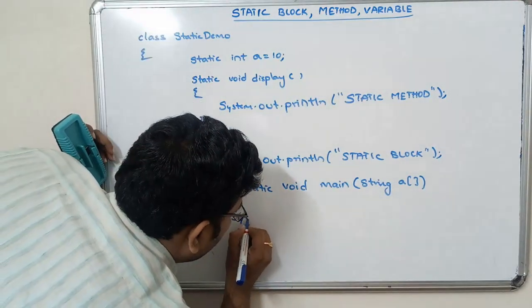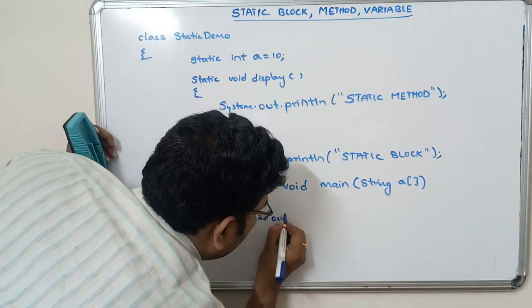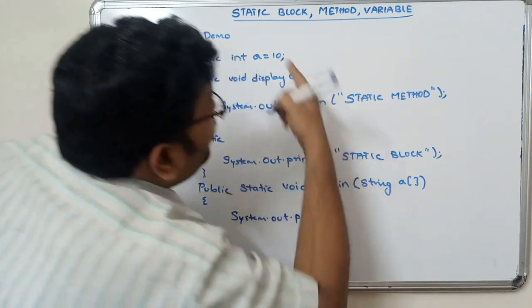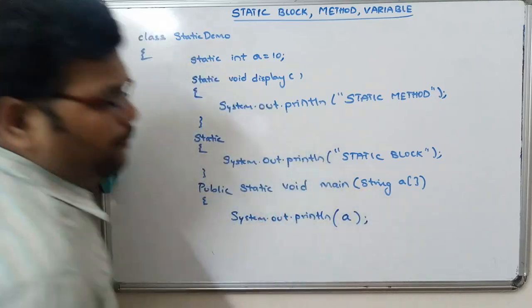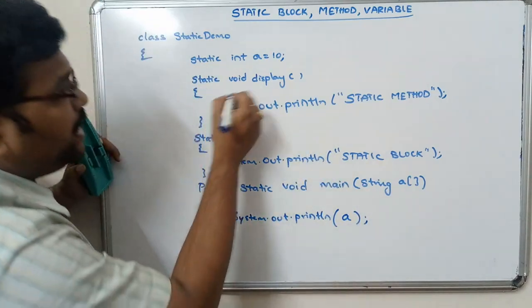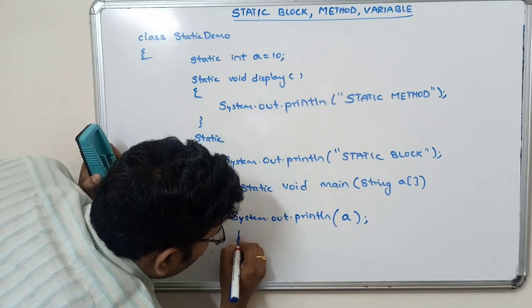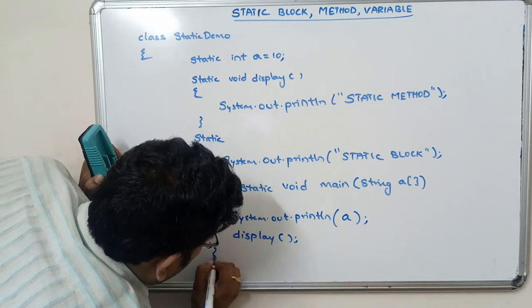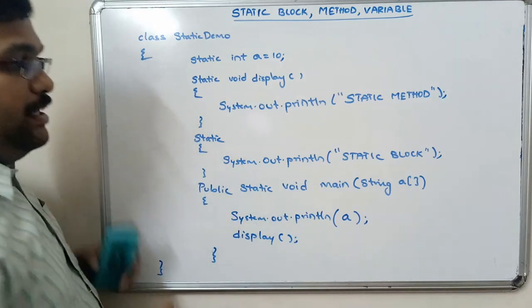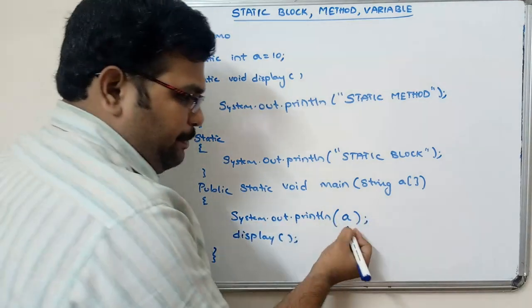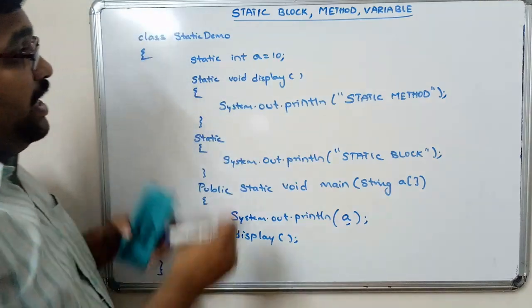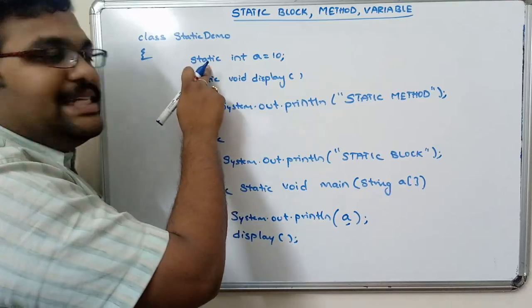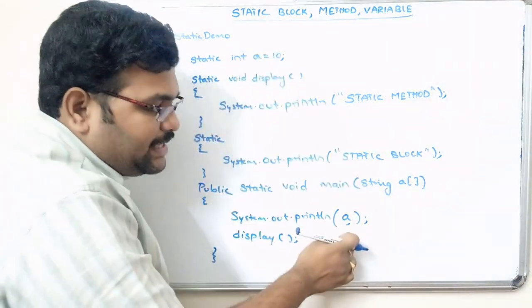System.out.println, directly we can access the variable a, it will print 10. Next, directly we can access the display method, then execute and close the class. Even though a is declared as static, it can be directly accessible.